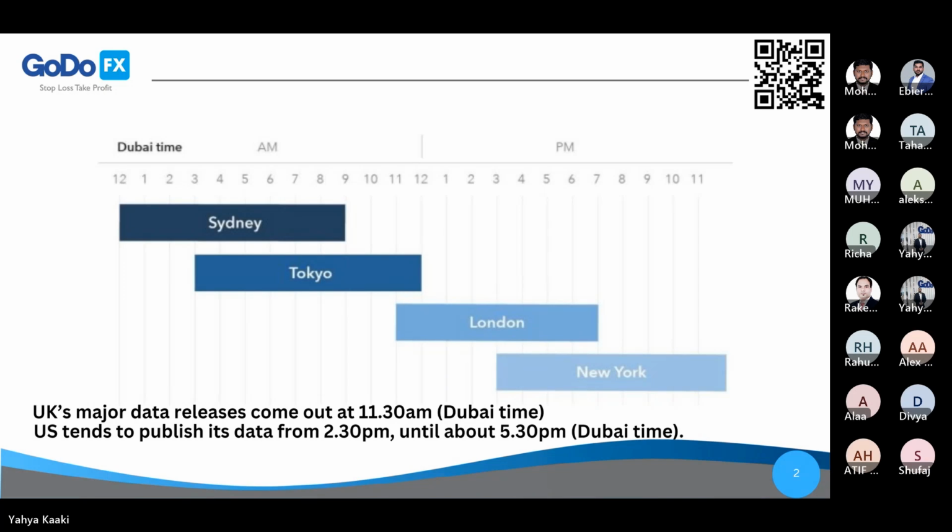In this sense, we know that this is a very important hot spot that we need to focus on. Just to keep a note: the UK's major data releases come out at 11:30, and the US tends to publish its data from 2:30 until 5:30. This is in winter. In summer, it's from 3:30 until 6:30. We're talking about hot sessions.